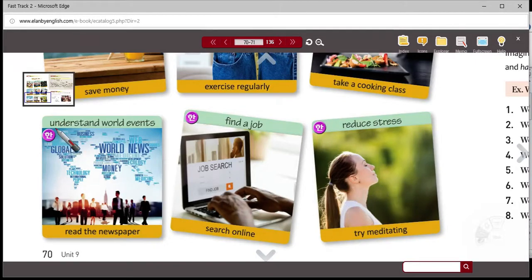What should I do if I want to understand world events? You should read the newspaper, okay, or a newspaper. What should I do if I want to find a job? You should search online. What should I do if I want to reduce stress? You should try meditating.